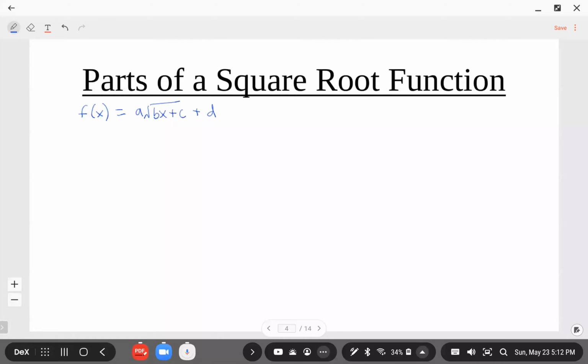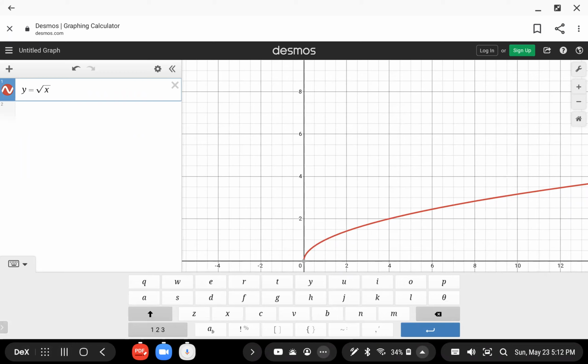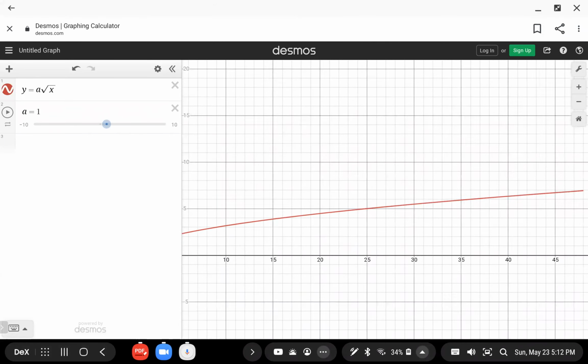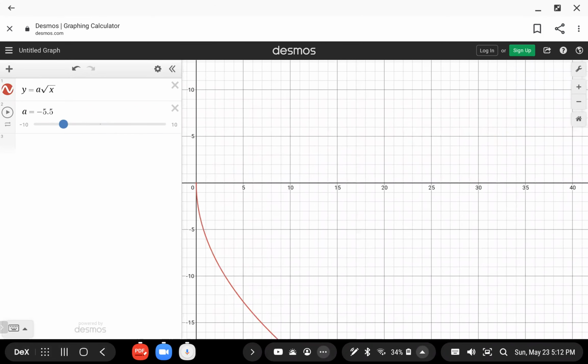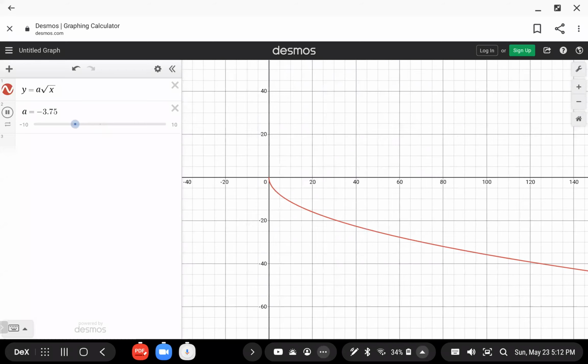All right, okay. And then so let's look at a. What does a do? Okay, does anybody know what a does? When we change the value of that, so let's add an a value here. And you see, if you change it, let's animate this. It kind of shifts vertically, right? It kind of changes the y.